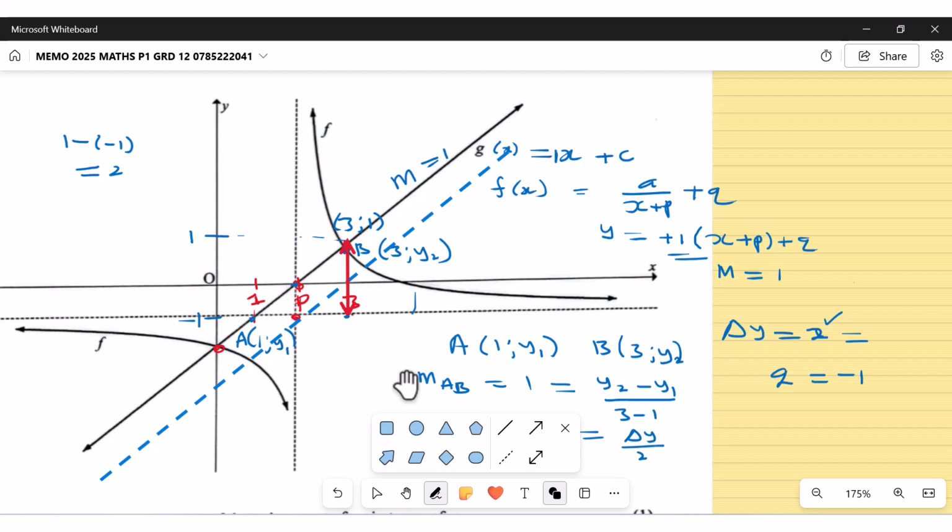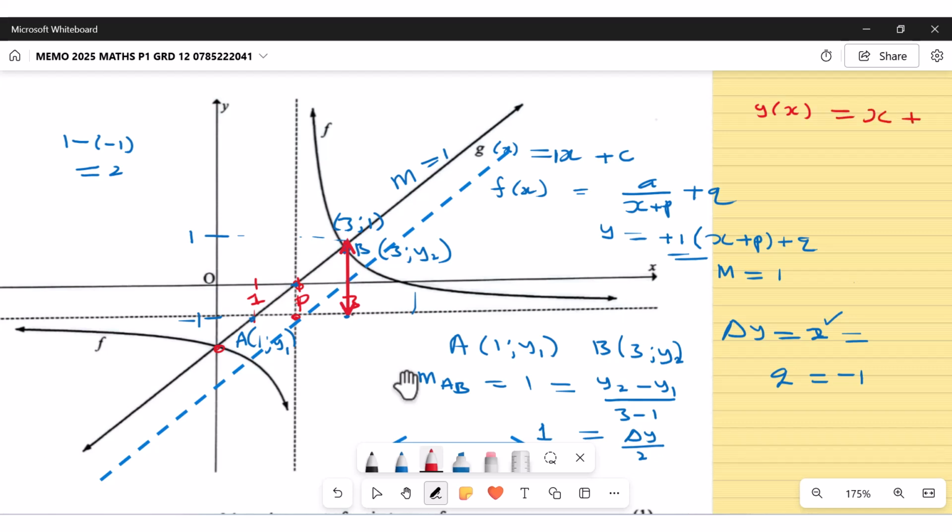Now at p, because this is negative 1, this is 1, this is 0. How do I get my p now? After getting our c, our g of x is given by y equals 1x minus 2.